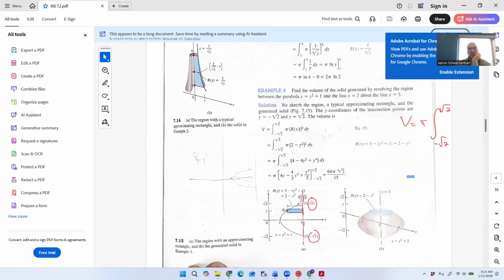My radius here is a little strange. Why did they do 2 minus y squared? Oh, I know what they did. So my radius is 3 minus my function. This distance here is my function, that's y squared plus 1.